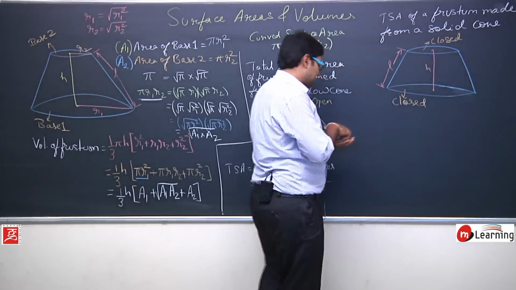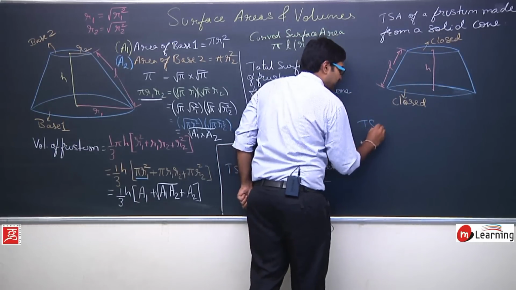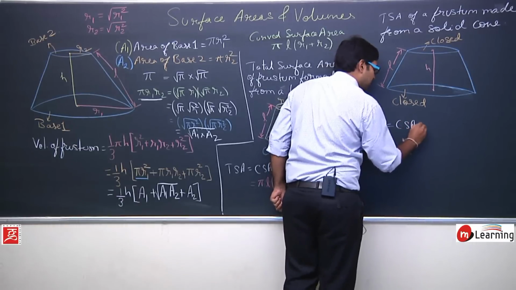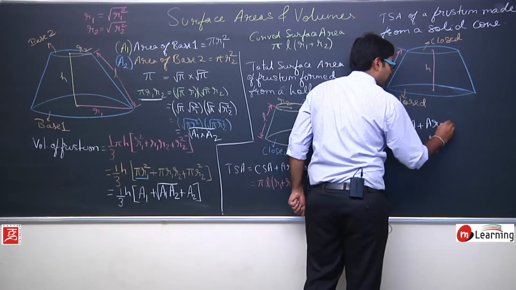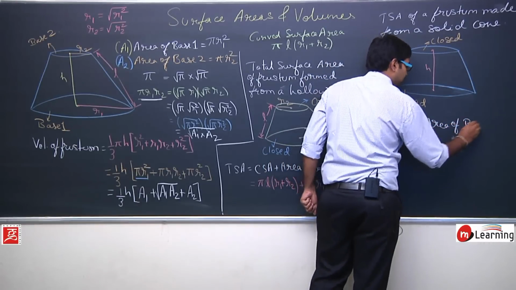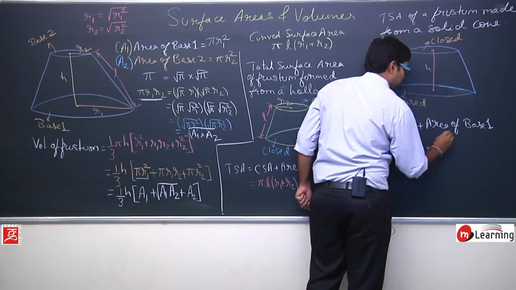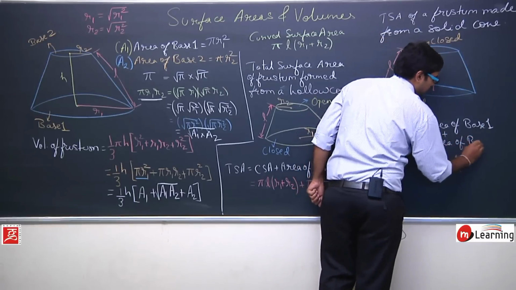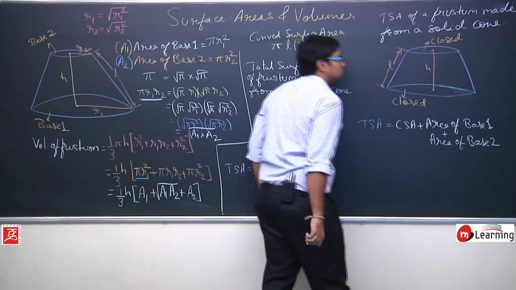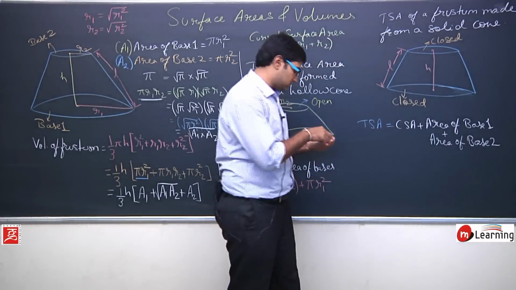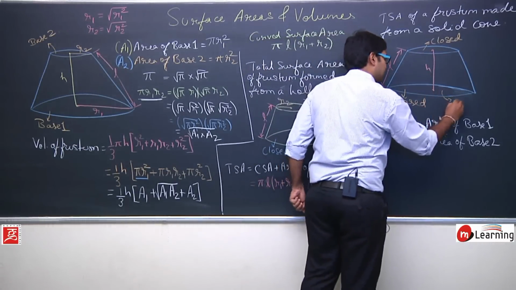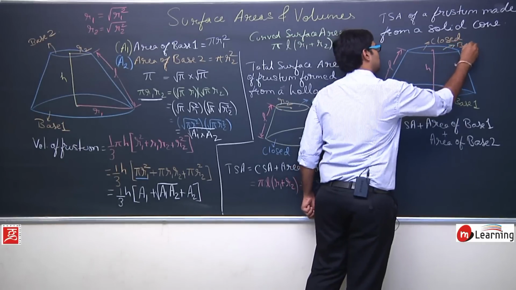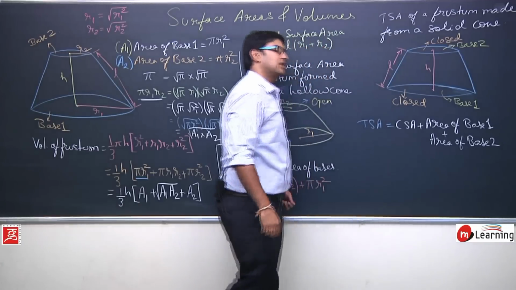So in this case, total surface area will be equal to curved surface area plus area of base 1 plus area of base 2 also. We will include the area of base 2, and this is base 1 as per our convention, and this is base 2 again as per our convention.